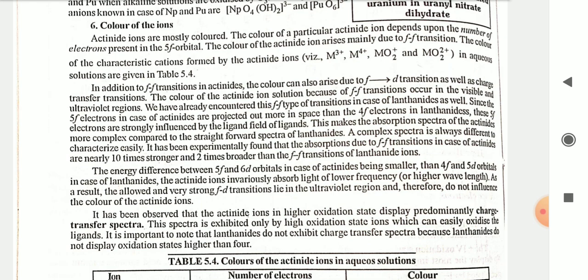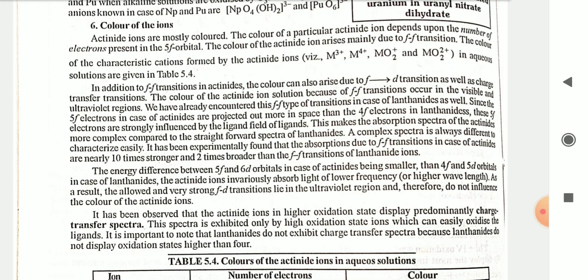The color of the actinide ion solution because of f-f transition occurs in the visible and UV regions. We have already encountered this f-f type of transition in the case of lanthanides. Since the 5f electrons in actinides are projected out more in space than the 4f electrons in lanthanides, these 5f electrons are strongly influenced by the ligand field.